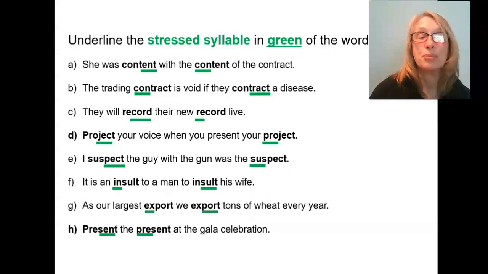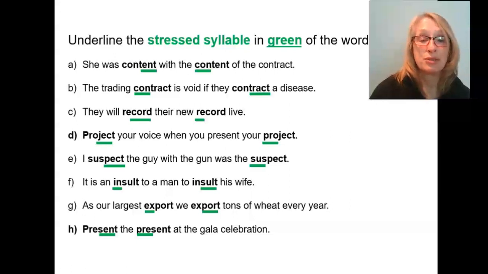Project your voice when you present your project. I suspect the guy with the gun was a suspect. It is an insult to a man to insult his wife.